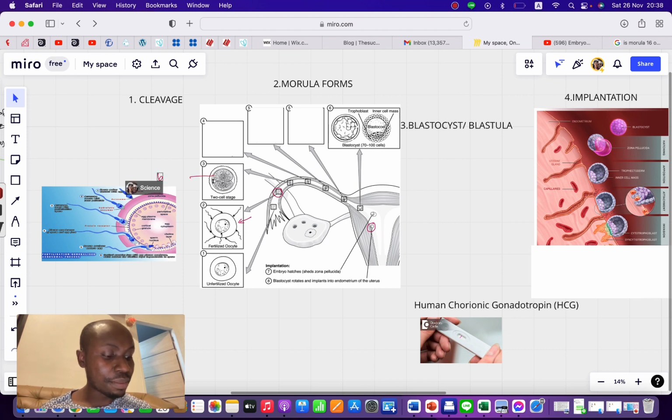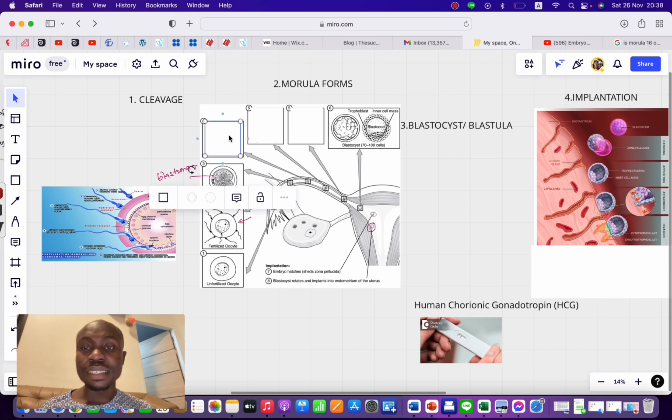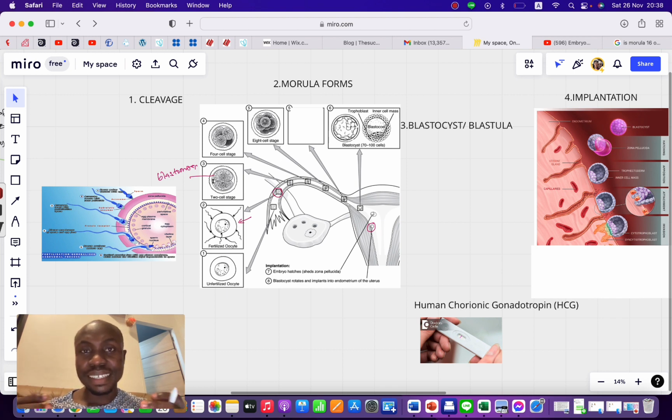Let me write the name. Blastomeres. But they're just cells. Okay, you can call them cells. They are 2 cells, and from 2 cells, they will divide to form 4 cells, and from 4 cells to 8 cells.